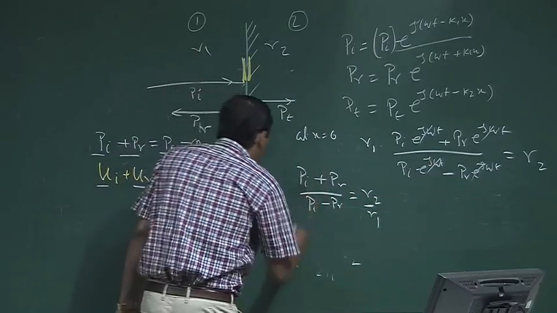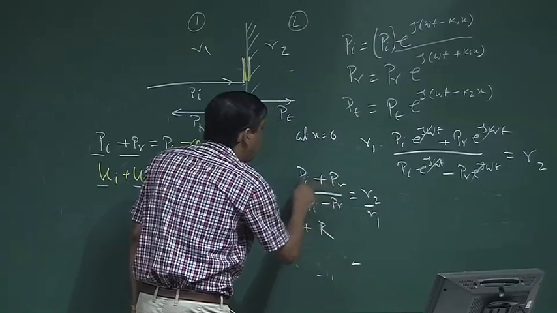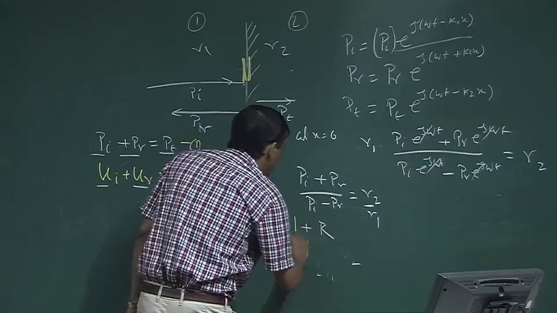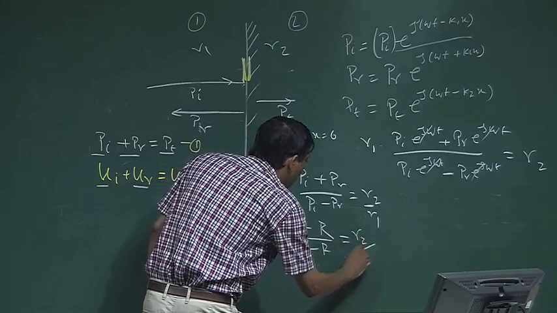If I divide by Pi, with r equal to PR by Pi, then 1 plus r divided by 1 minus r is equal to R2 by R1.